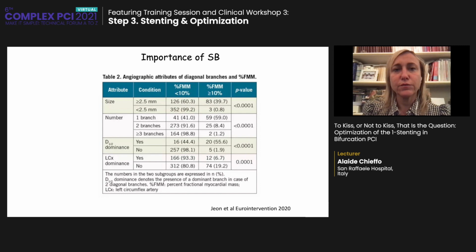In this study that was published last year in Neurointervention, it was nicely demonstrated how the size, number, and dominance of the circumflex was going to impact the percent of fractional myocardial mass supplied by diagonals.